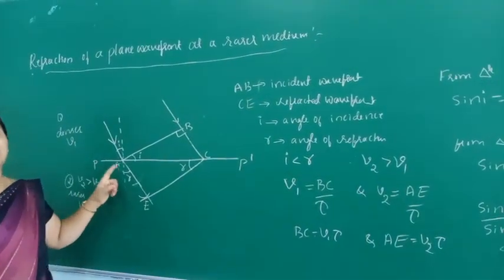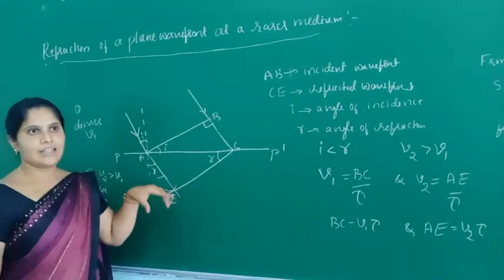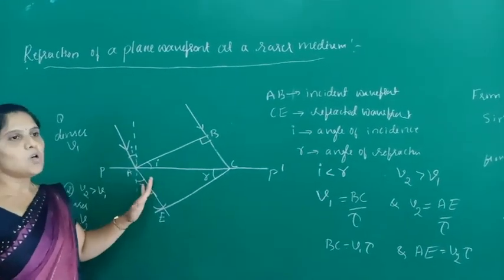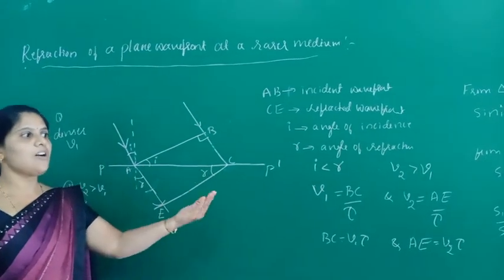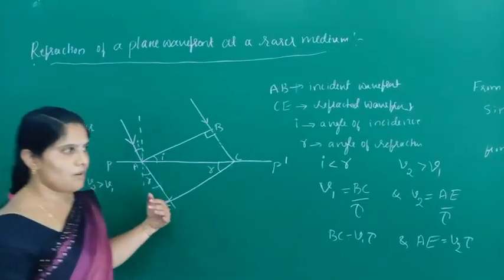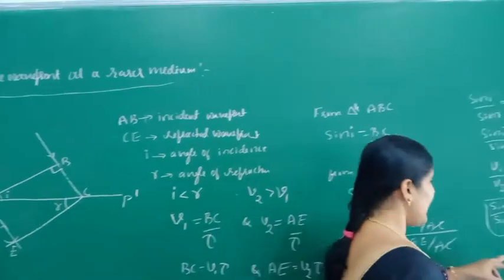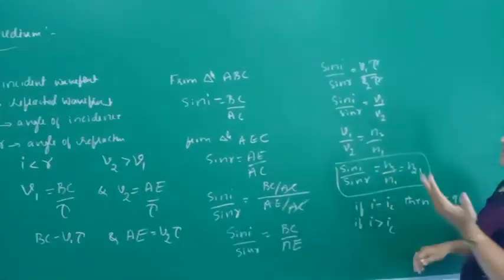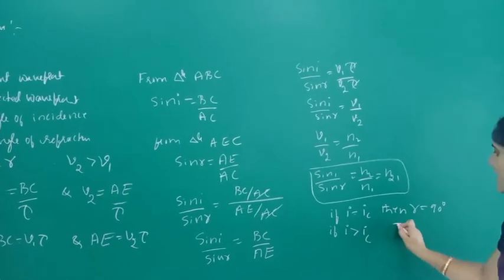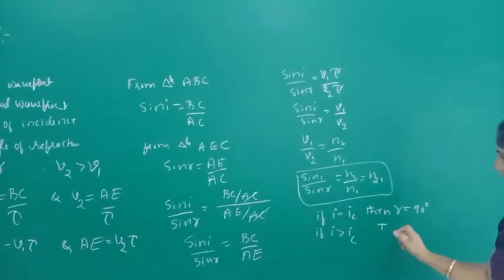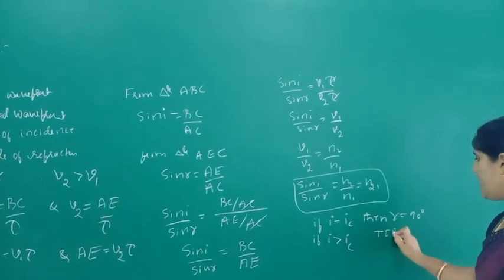When i is greater than ic, the incident ray undergoes total internal reflection instead of refraction. That one is very important.